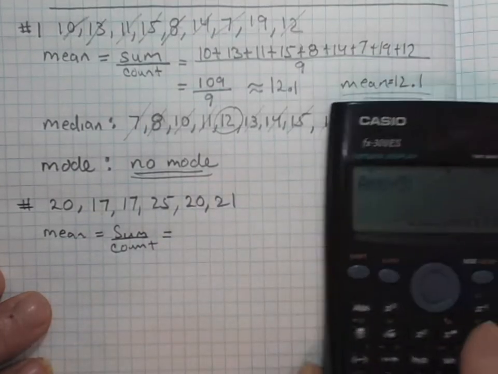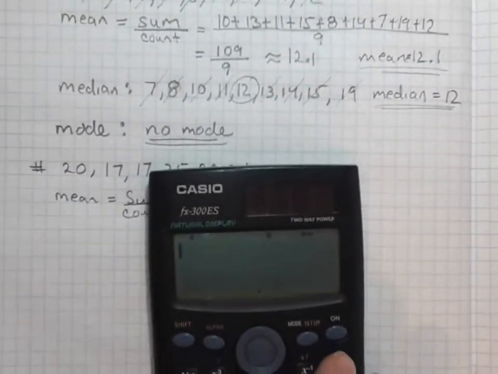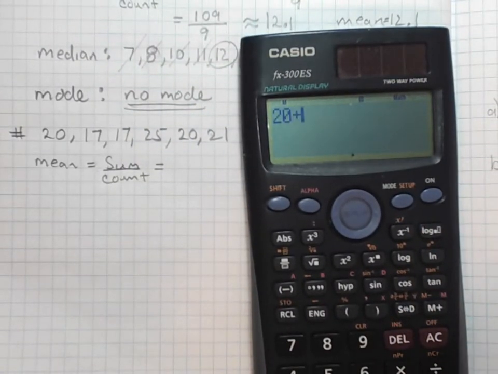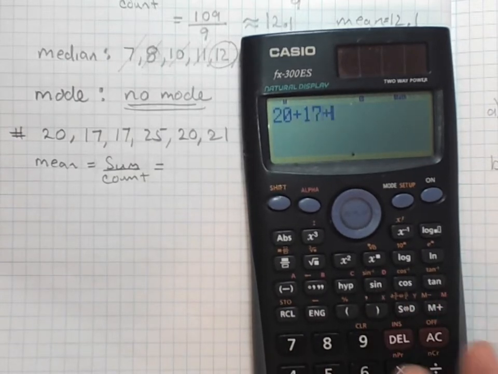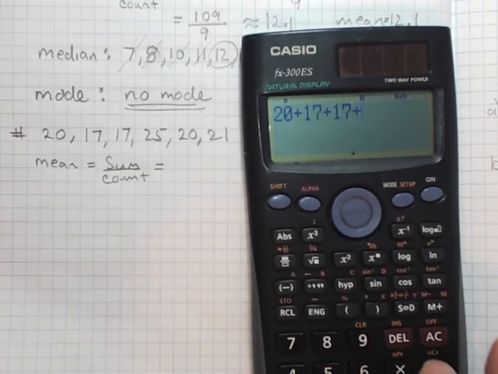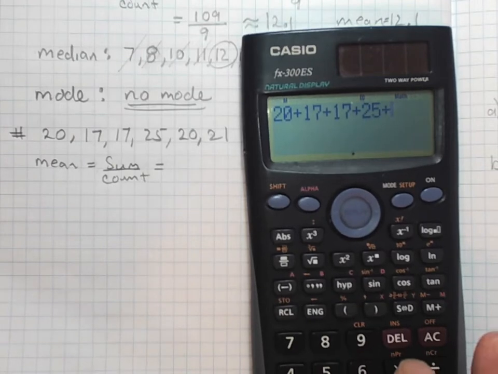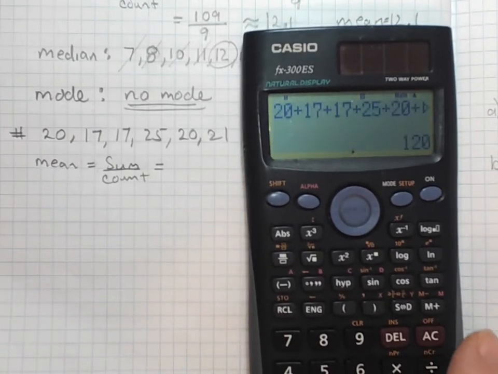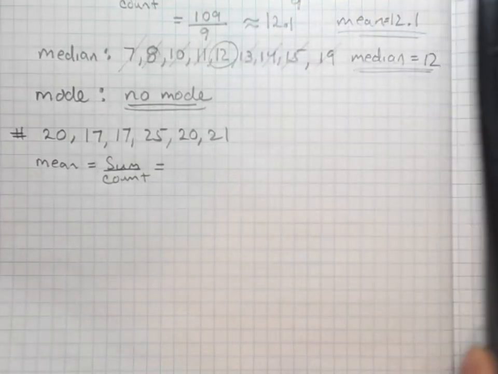So I'll just add those on my calculator. Okay, I've got all the digits. I get 120.